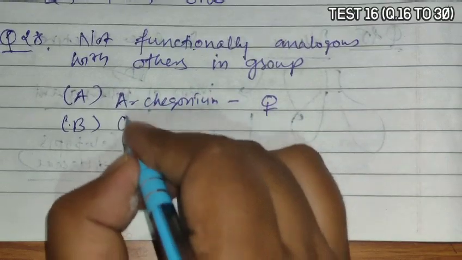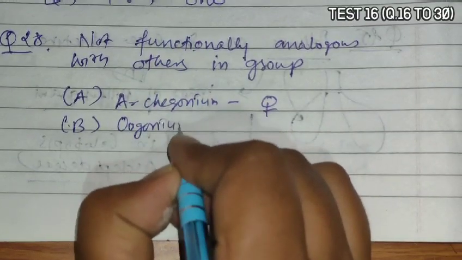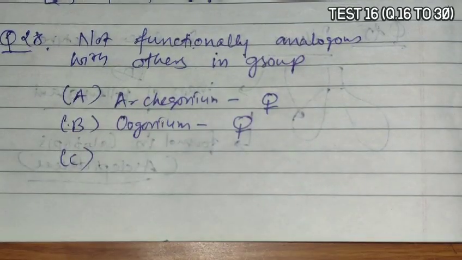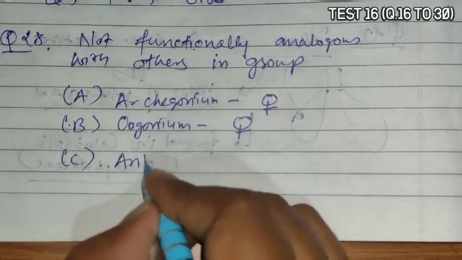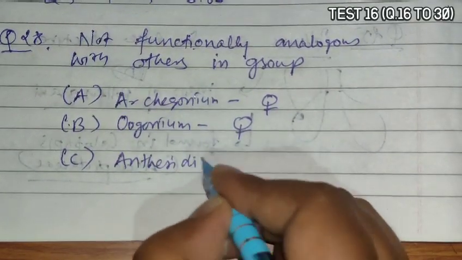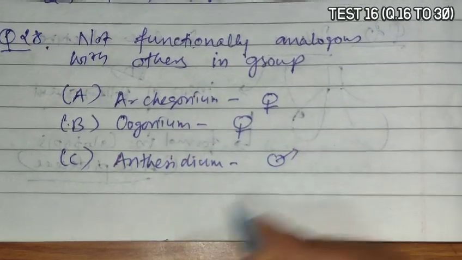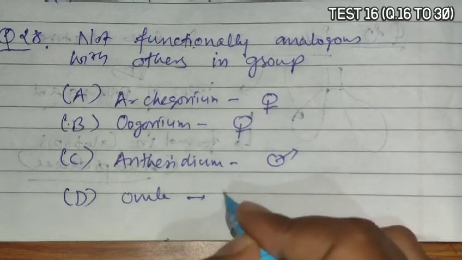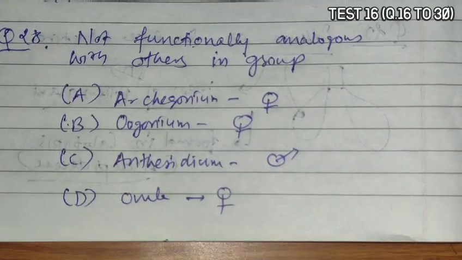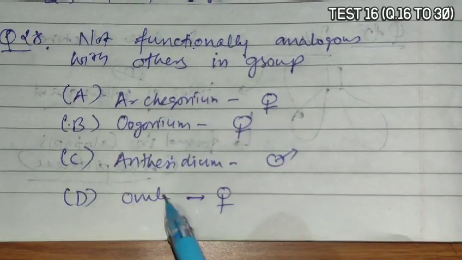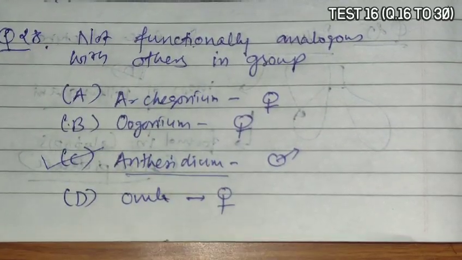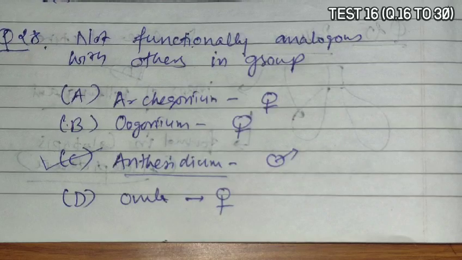Option B is given as oogonium, that is also a female reproductive organ. Option C is given as antheridium, that is a male reproductive organ. And option D is ovule, and that is a part of the female reproductive system. So these three are related to female, this is related to the male, so this is not functionally analogous with the others, the female parts.